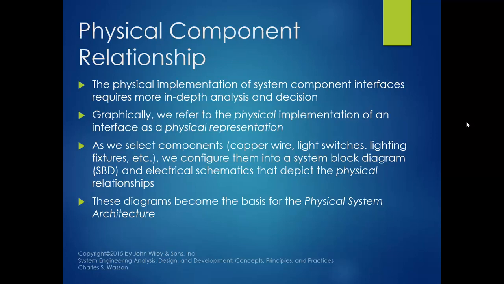The physical implementation of system component interfaces requires more in-depth analysis and decision. Again, our mission here is just to graphically develop that, to understand how the physical implementation of an interface can be represented.